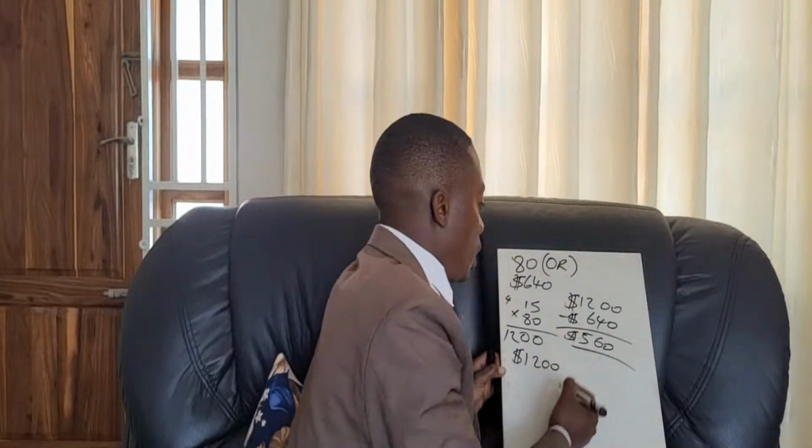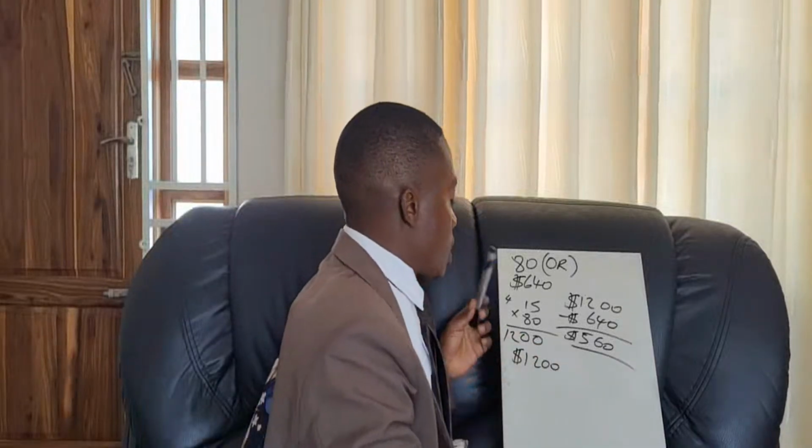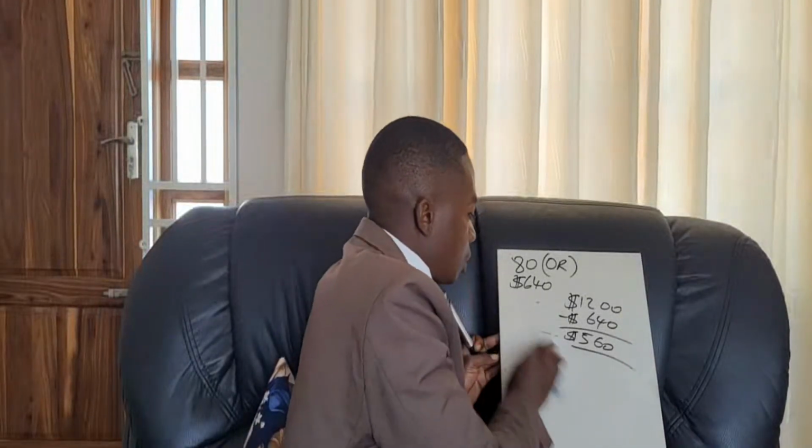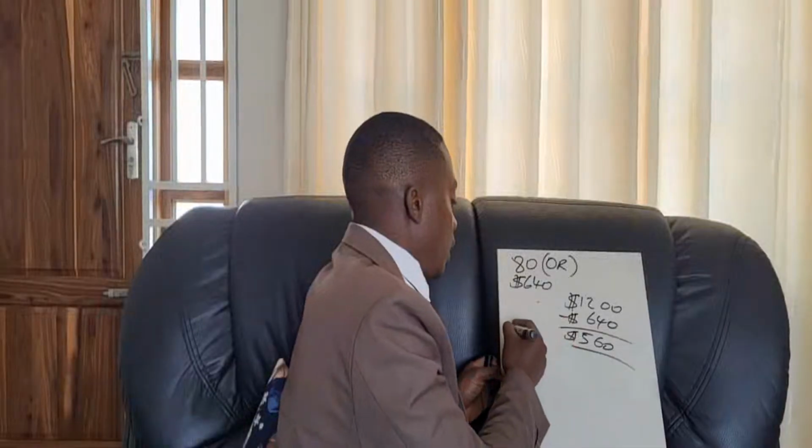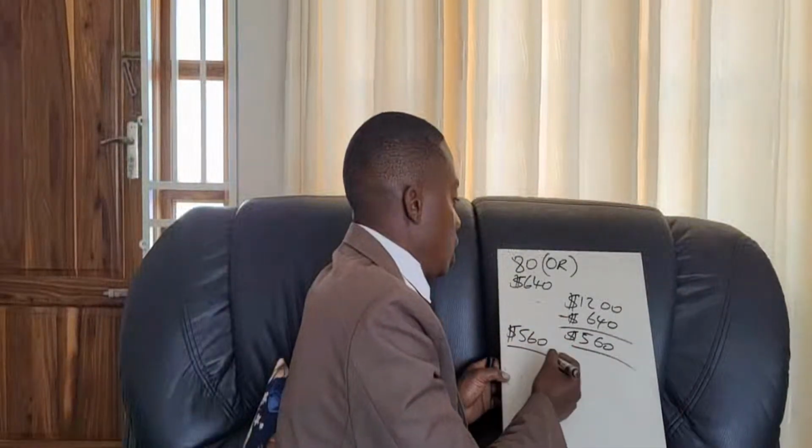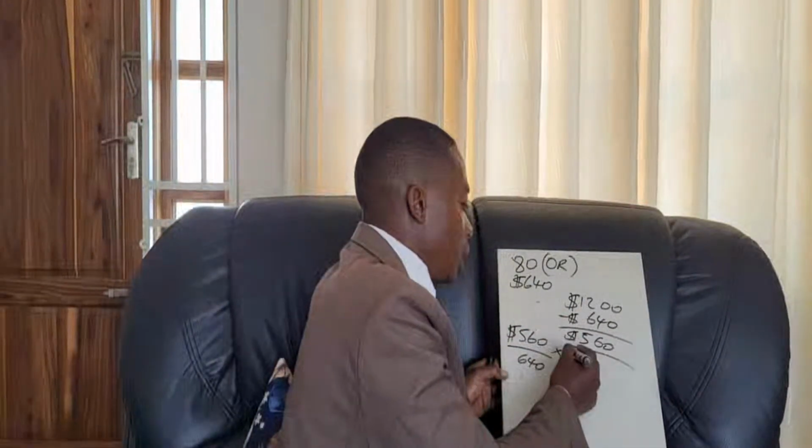Right? So the profit is 560. 560 divided by 640, right? Times 100. That is how we calculate percentage profit.